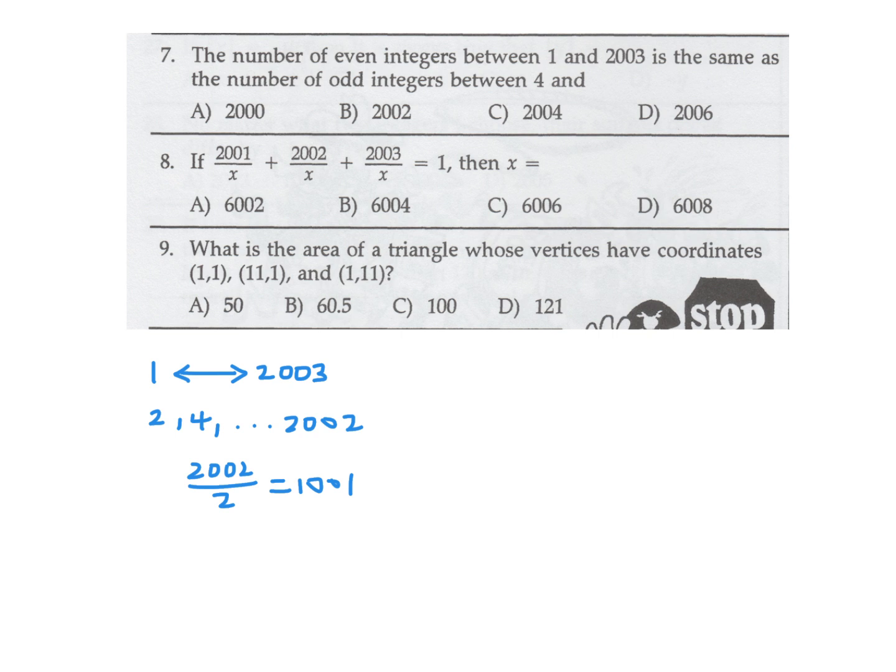So we want the same number, but this time we want them as odd integers between 4 and something. Okay, so the odd integers would be of the form 5, 7, 9, all the way till something. And we want 1001 of them. Okay, so how do I do that?